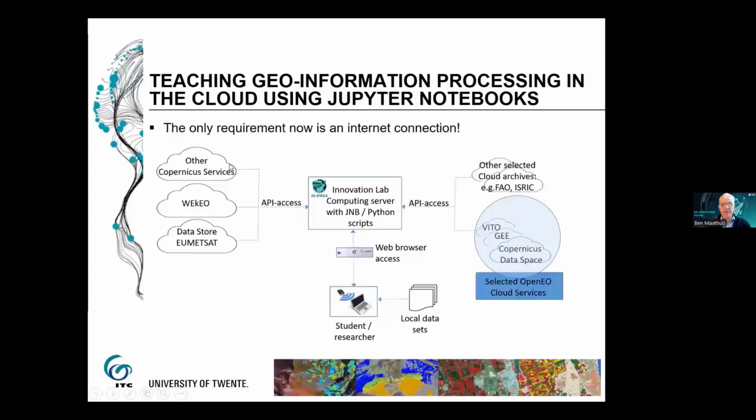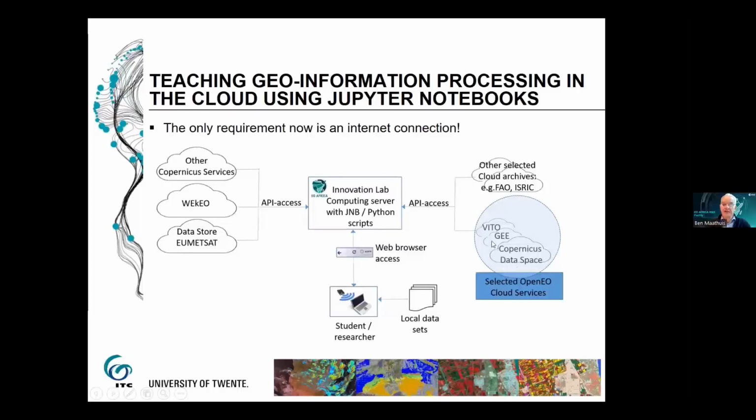I have listed a number over here, like Copernicus services, openEO, the data store at EUMETSAT, which can all be accessed using an API. But we also have the openEO cloud services, like, again, those from Copernicus, Google Earth Engine, or the Flemish Institute of Technology, where we have this homogenized access to these various services.